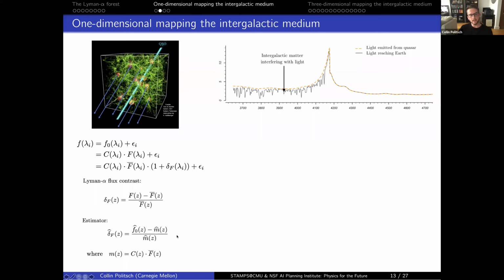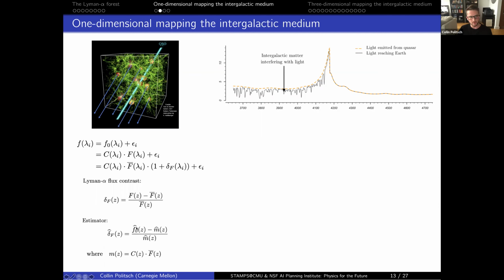In our published work, we proposed this estimator that utilizes trend filtering. I'll get into that in a second, and I have some extra slides in case anyone's curious. Basically, given an observed spectrum, first you denoise the spectrum with a nonlinear smoother.